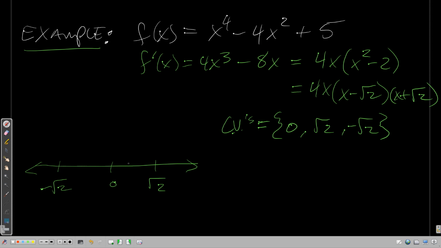I grab the very easiest test point that I can find, which would be 1. I take the 1, I put it into f prime, the derivative. F prime of 1, all I care about is if it's positive or negative. I don't care about what the number actually is. F prime of 1 is going to be negative because it would say 4 minus 8.